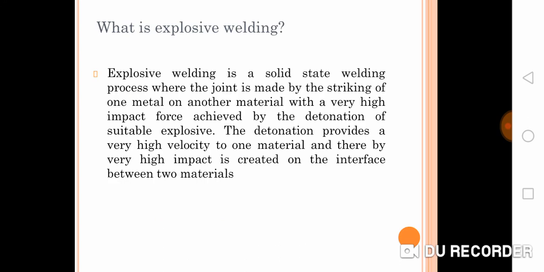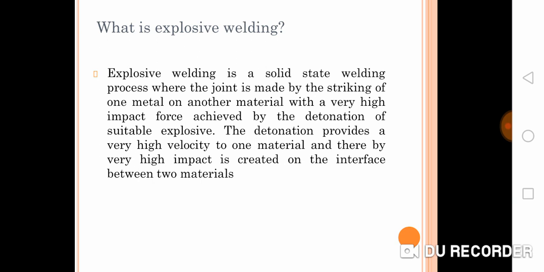First of all, if you are asking what is explosive welding, basically this is a solid state welding process. That means the metals are not melting together, but the joint is formed by plastic deformation of the materials. Now in explosive welding, one plate will be kept stationary and another metal will be thrust with very high velocity achieved by the detonation of the explosive.